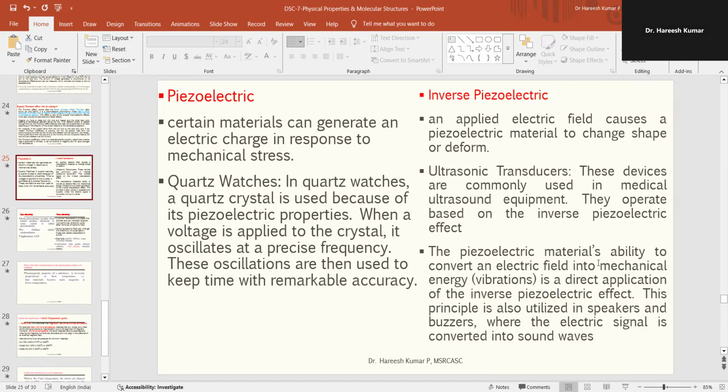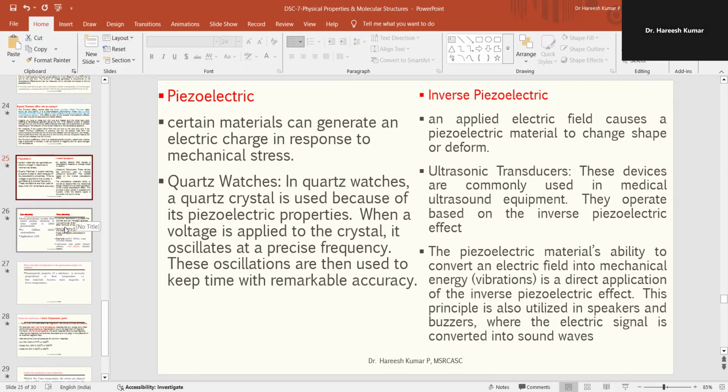The piezoelectric material's ability to convert an electric field into mechanical energy is a direct application of the inverse piezoelectric effect. This principle is also utilized in speakers and buzzers, where the electric signal is converted into sound waves.